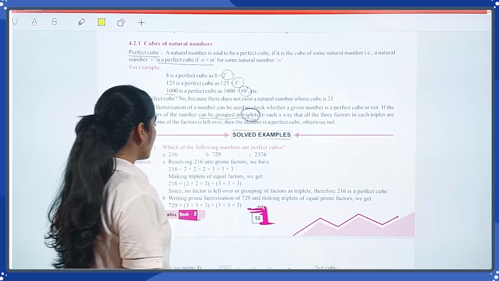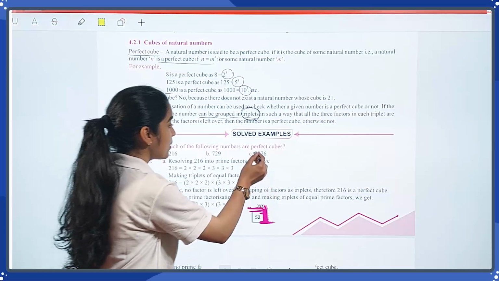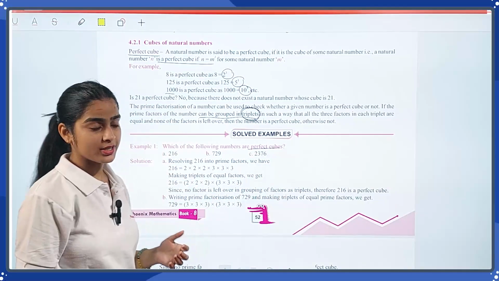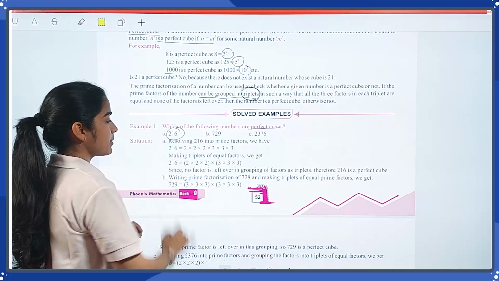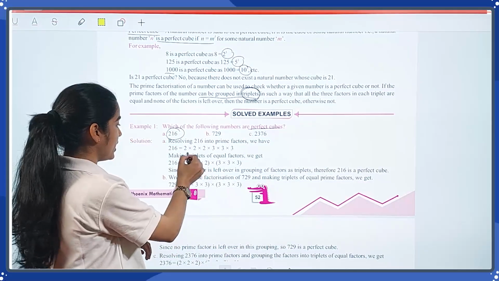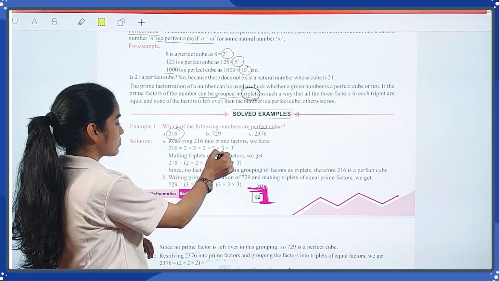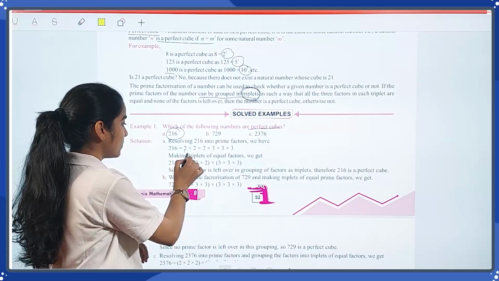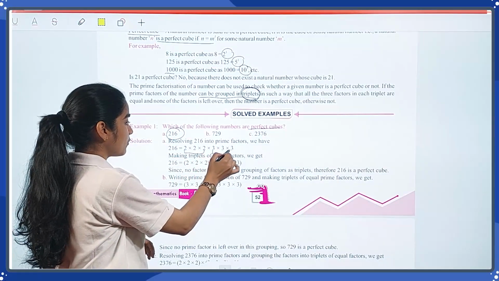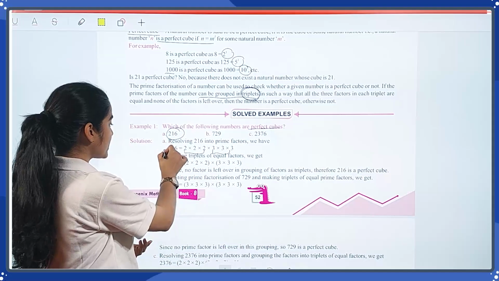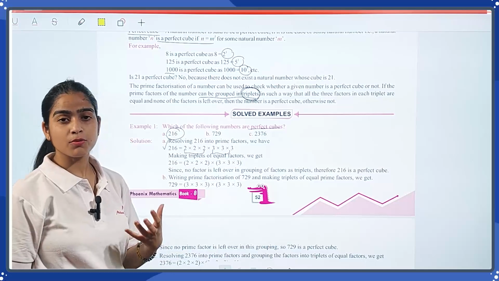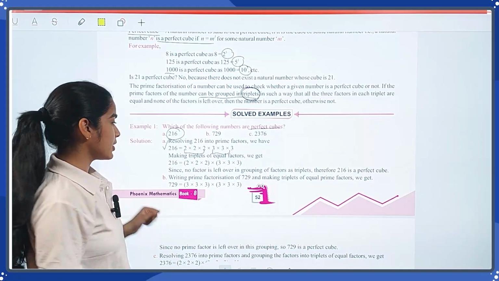Next we have: which of the following numbers are perfect cubes? How can we check this? First of all, we have the number 216. We take its prime factors and we get 2, 2, 2, 3, 3, 3. It means we have a triplet of 2 and a triplet of 3, and this is the condition for a perfect cube.